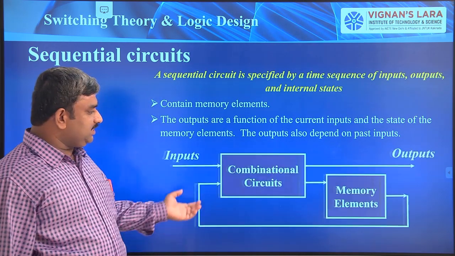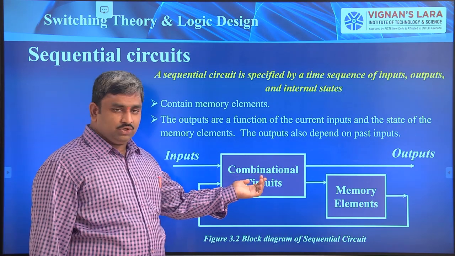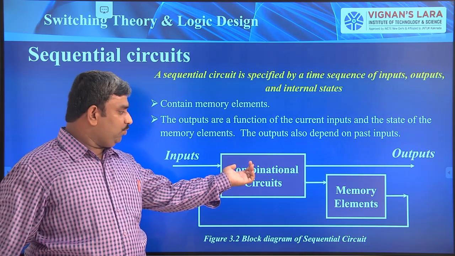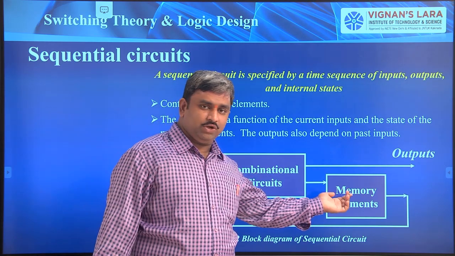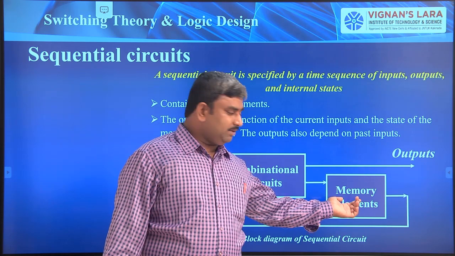Okay, right. So this is the block diagram example for the sequential circuit. Here we have a combinational circuit. For implementing sequential circuits, we use combinational circuits only. The output of this combinational circuit we store in memory elements.